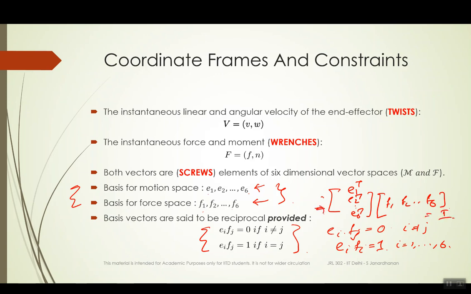So in some sense, this set of vectors and this set of vectors are reciprocal to one another. Okay, and that's why you say that these two sets of basis vectors are reciprocals to one another, provided these conditions are being satisfied.